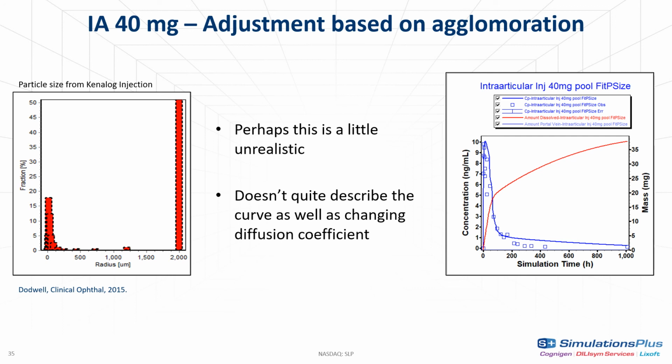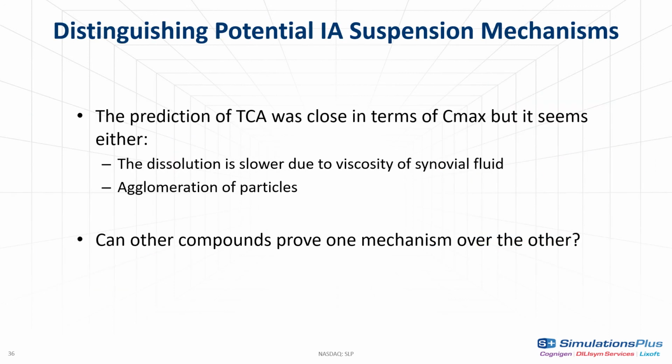We said, even if there is agglomeration happening at the injection site, this may be a little unrealistic. And the results that we get also don't match quite as closely to the experimental data as they did when we used the Stokes-Einstein equation instead. So this is a case study that's still in progress.